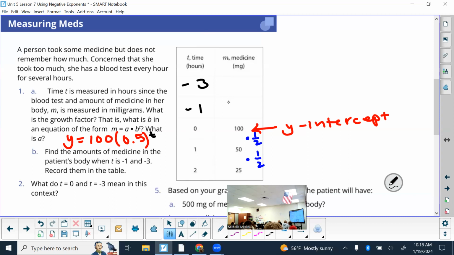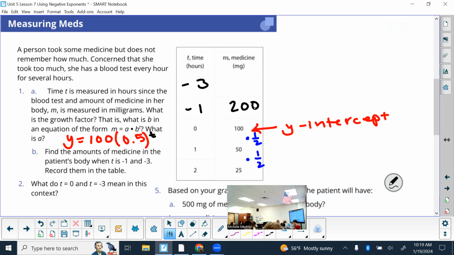When t is -1, what's my output? Table 8, you're on deck for that one. Miss Medina. So table 8, when t is -1, what's my output? $200.